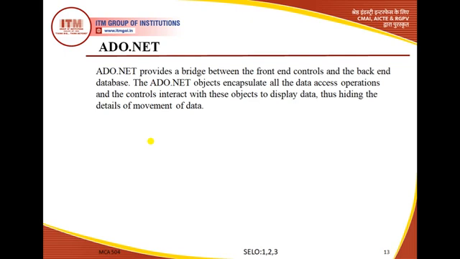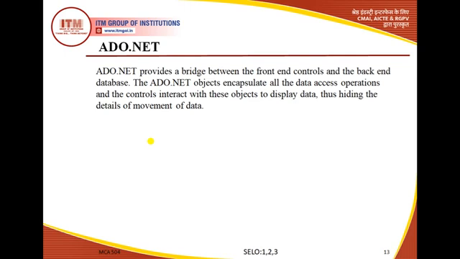ADO.NET is basically responsible for providing the database connectivity between the front end and the back-end database. For example, if we have created a registration form for an exam, and we are inserting the details into it, those details must be connected to some database. There must be some database built in the background for the entry details being entered.